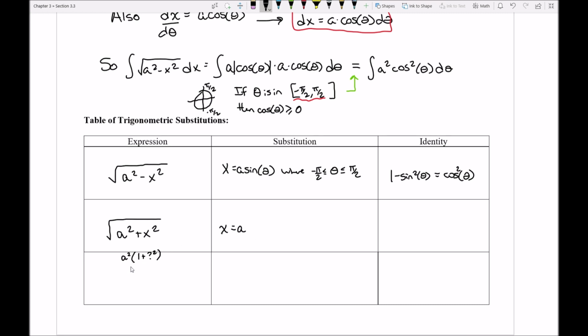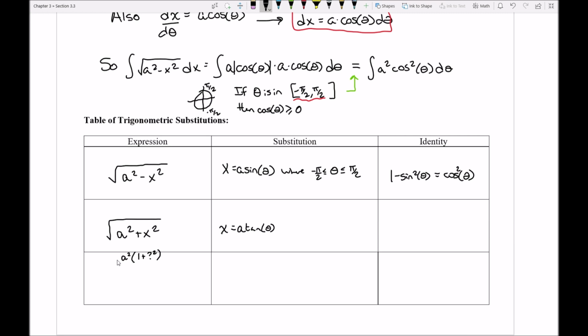And so I'd like to think, what trig function, being squared, could I add 1 to that could generate some sort of an identity for me to work with? Well, there's a couple different options. You could select a tangent of theta or a cotangent of theta.